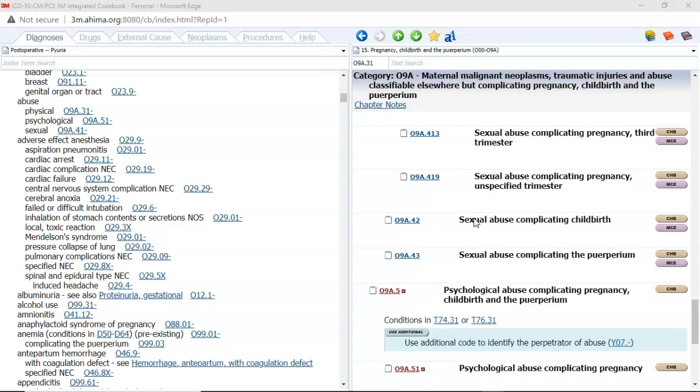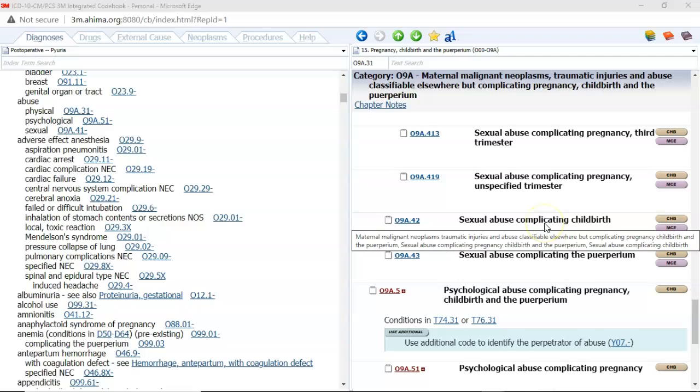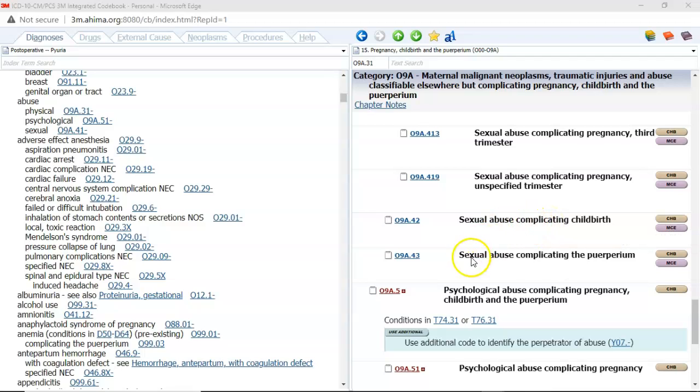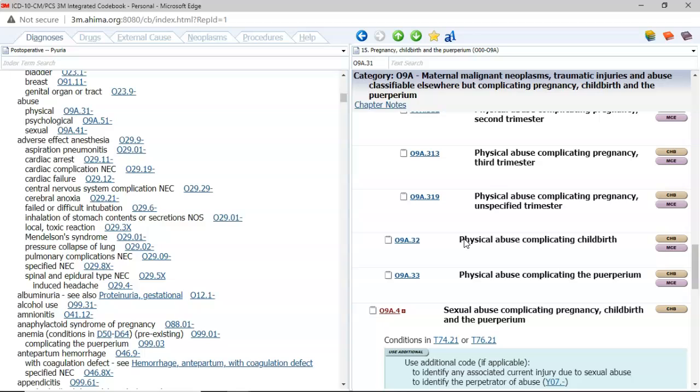Now you'll also notice that we have codes that relate to complicating the childbirth or complicating the puerperium. And in our example in the book, our patient delivered.